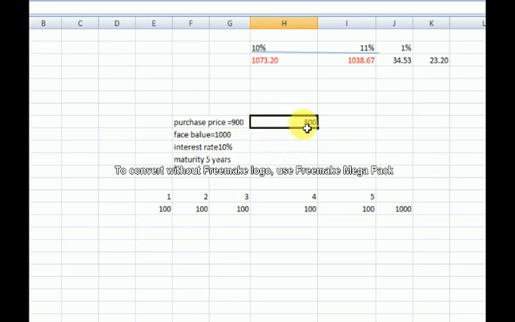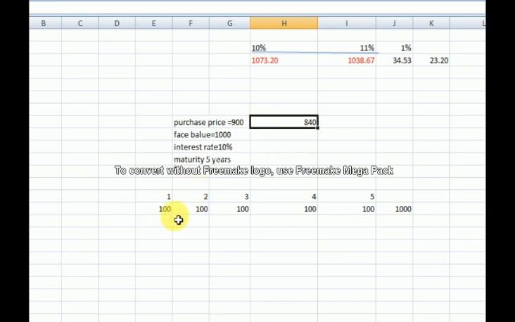Let's suppose 840 is the current market price of the bond now. So I was thinking that the price would not decrease further, so I sold the bond at 840.